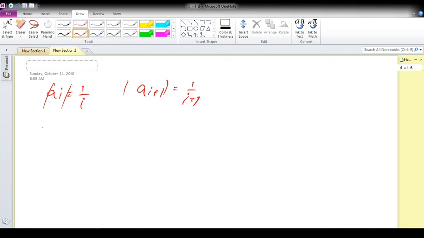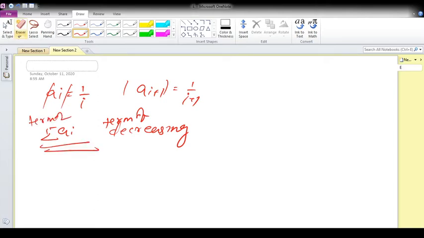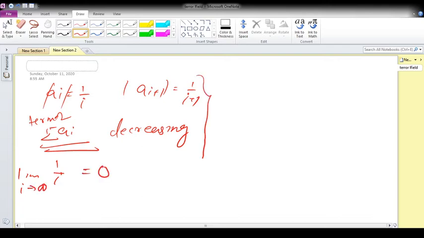Terms of this series are decreasing, and the limit of 1/i as i tends to infinity is equal to 0. So the three conditions are satisfied.